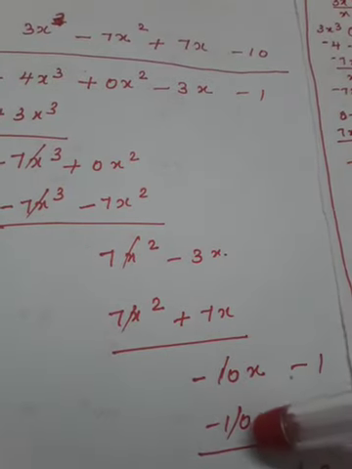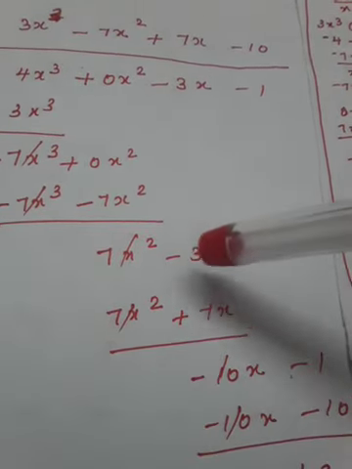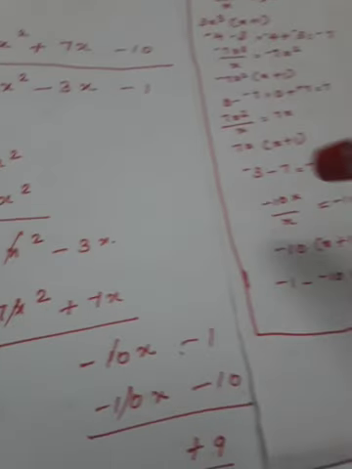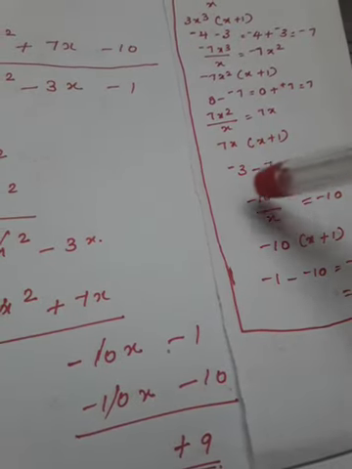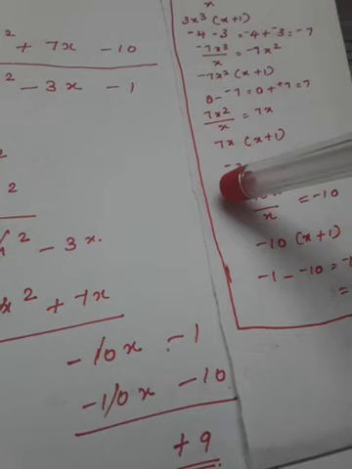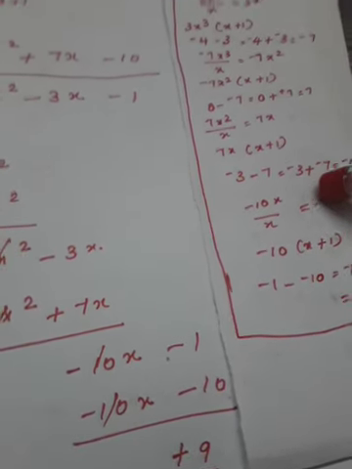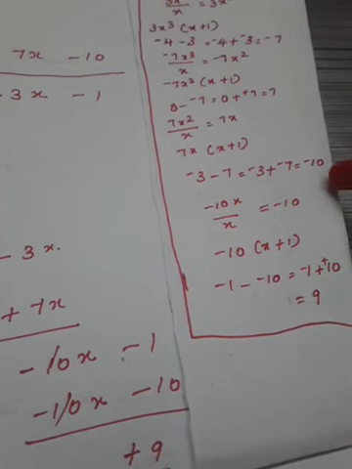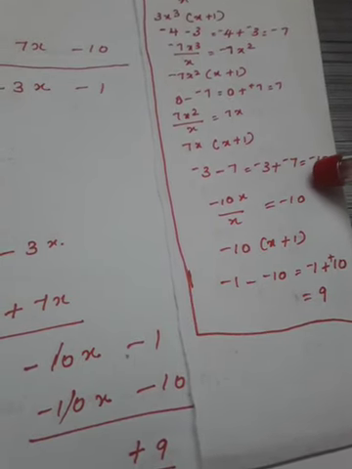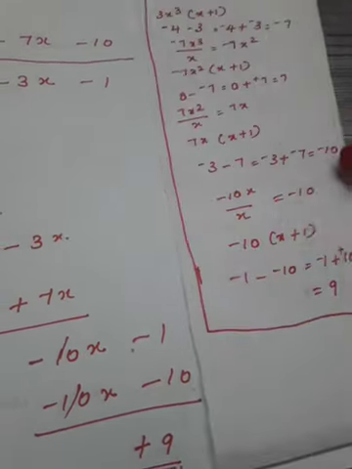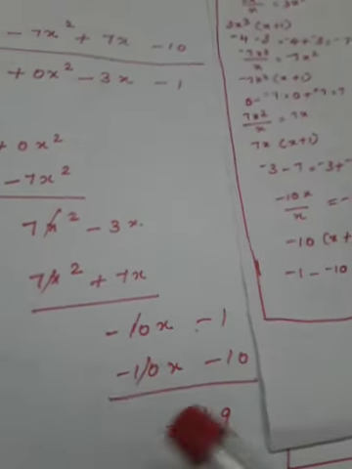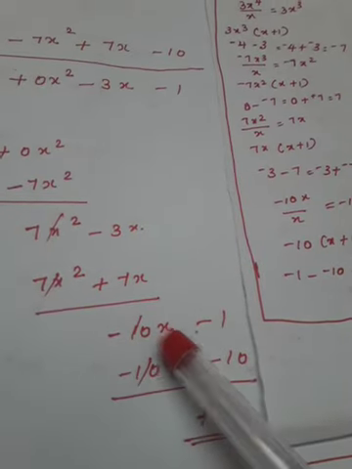Then this x is common. Negative 3 minus positive 7 is negative 3 plus negative 7. Add with the additive inverse. Both are negative, so add and put the negative symbol. So that is negative 10. So here we wrote negative 10x.